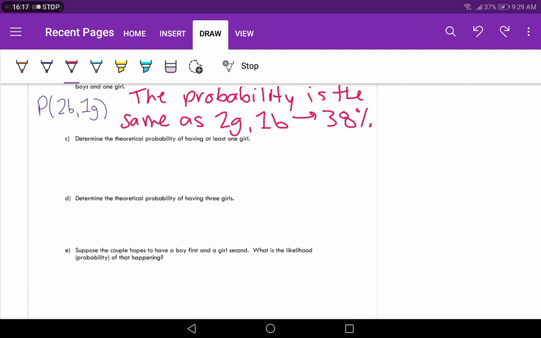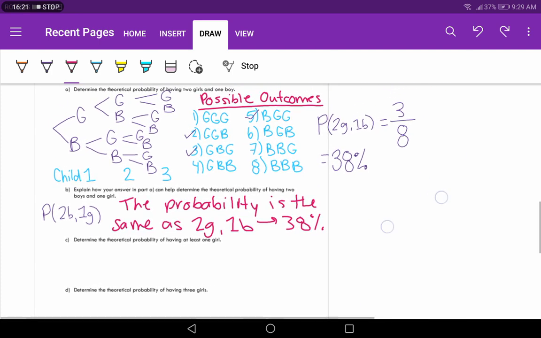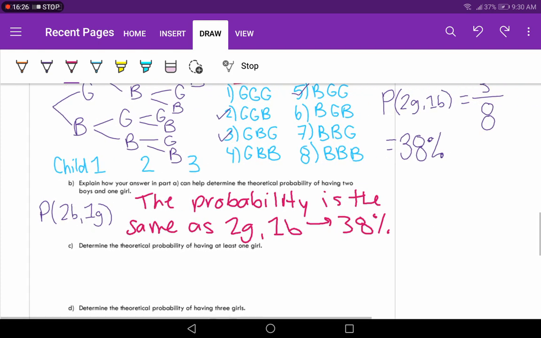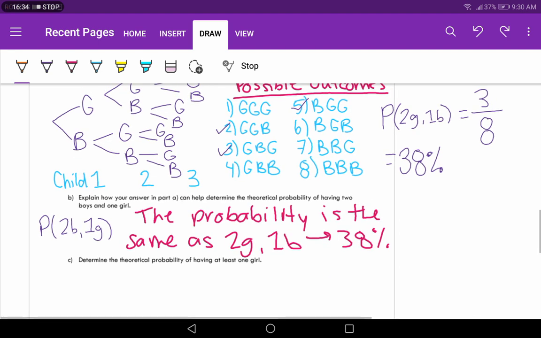Okay, determine the theoretical probability of having at least 1 girl. So again, we're going to go back up to our options here and see in how many situations we are going to have at least 1 girl. So I'm going to use a different color, orange. I'll put an X this time. So at least 1 girl, at least 1 girl, at least 1 girl, girl, girl.